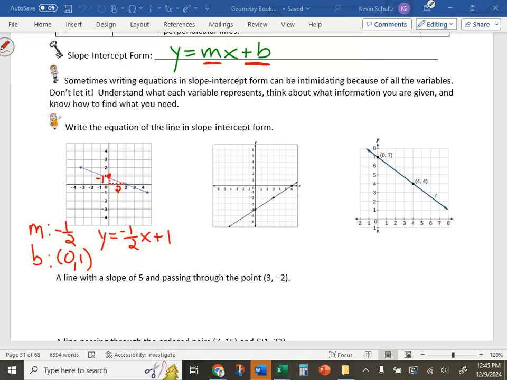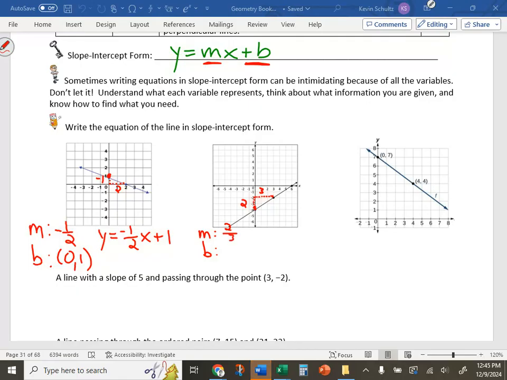Okay? So the next one here, again, looking for the m and the b, we see that to get from one point to the next, we're going up the y-axis 2 and over the x-axis 3. So how we move from one point to the next, change in y over change in x, is 2/3.